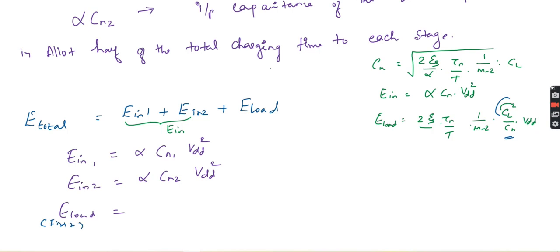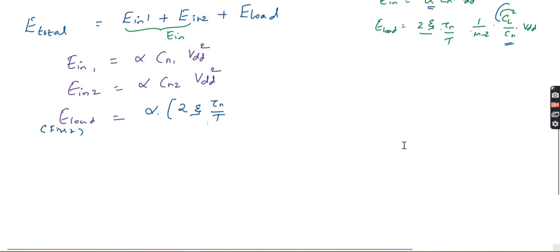This is E load for the first stage. So what is the E load for the first stage actually? It is nothing but alpha into 2 times psi tau 1 by t, 1 by m minus 2.